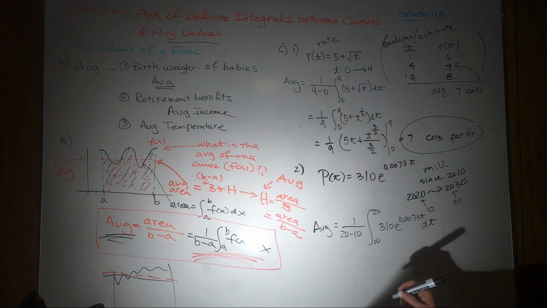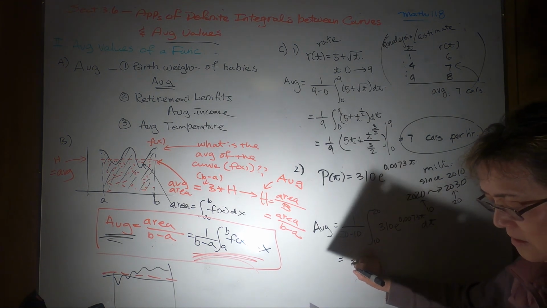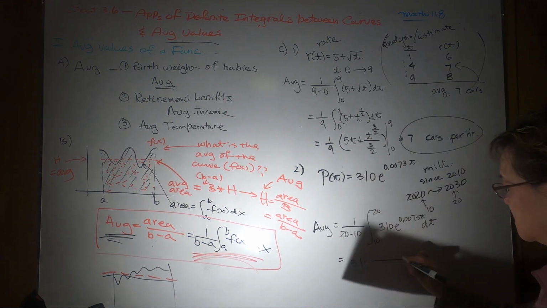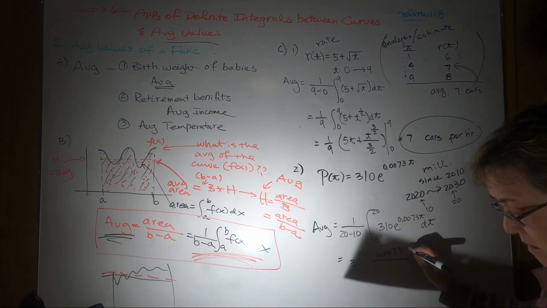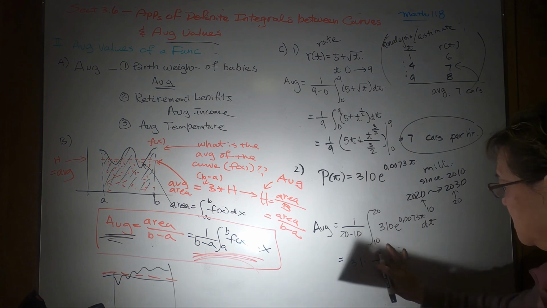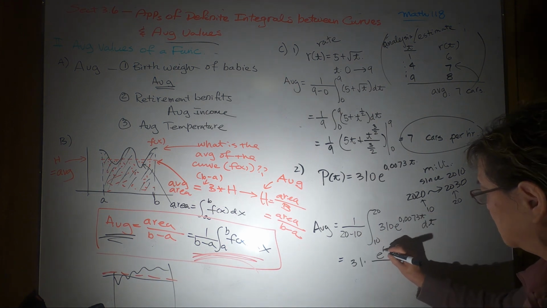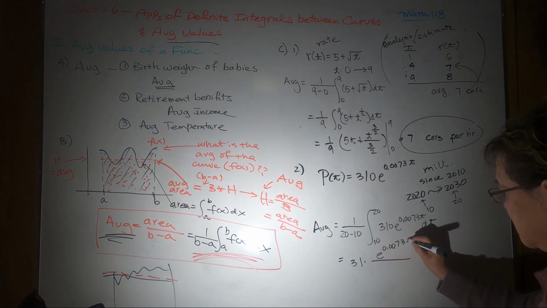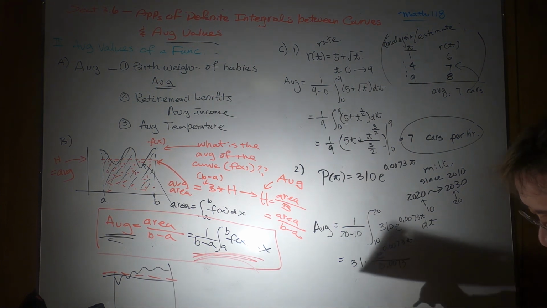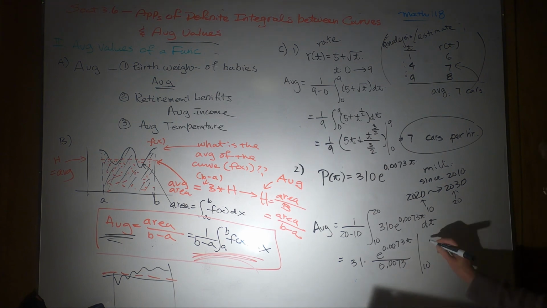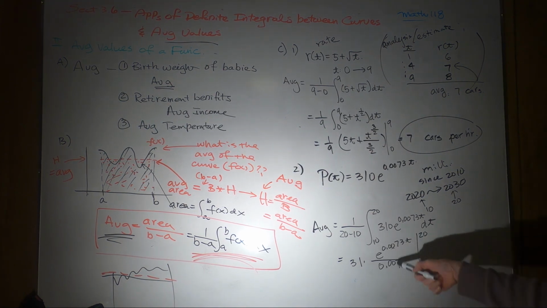Then you do your math. That would be 310 times e to the 0.0073t, that's your e, divided by 0.0073 because of the chain rule, then between 10 and 20, right?